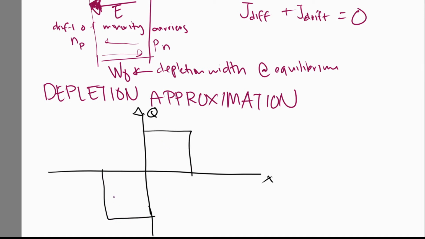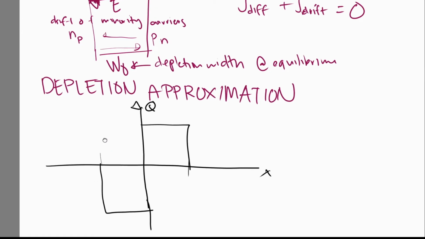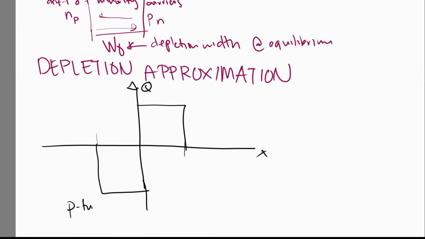Your charges would all be contained within our depletion region. For the P-type region, so this P-type, this N-type. For the P-type region, yung ating charges would be negative. Meanwhile, sa N-type region, ang charges natin would be positive.